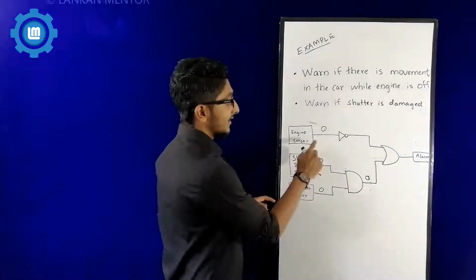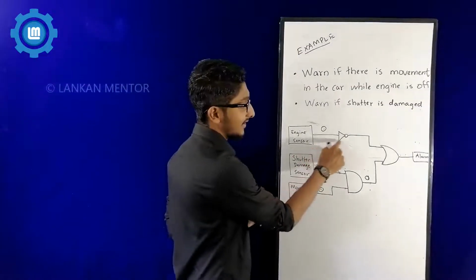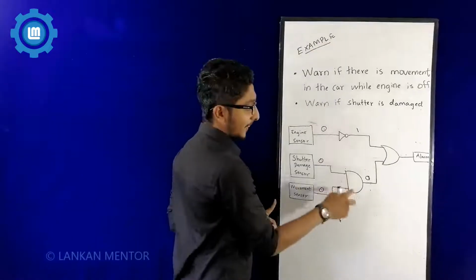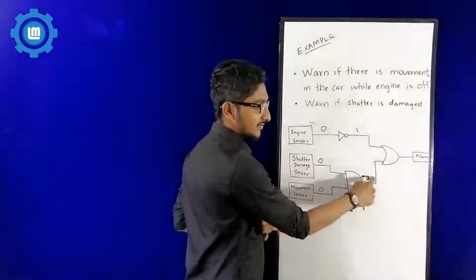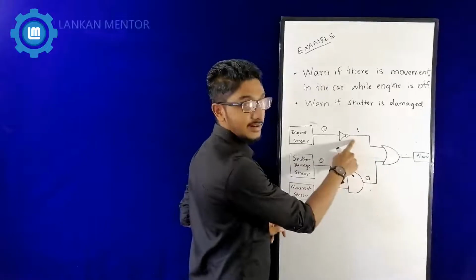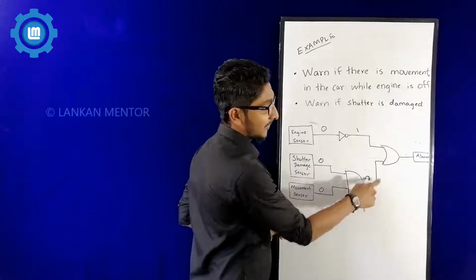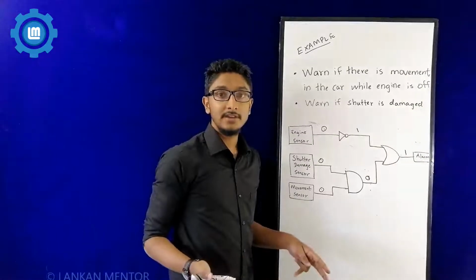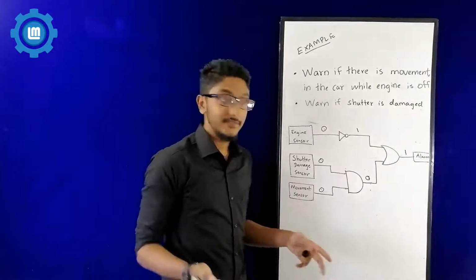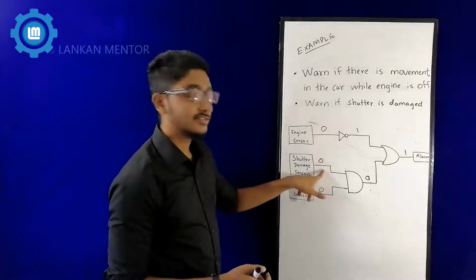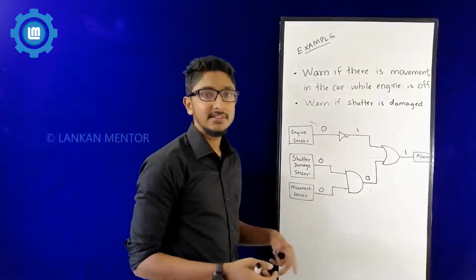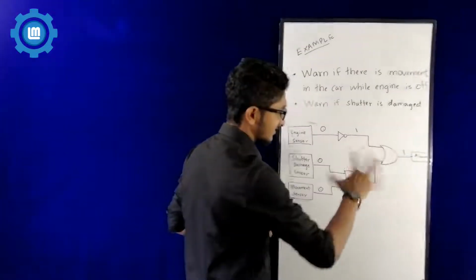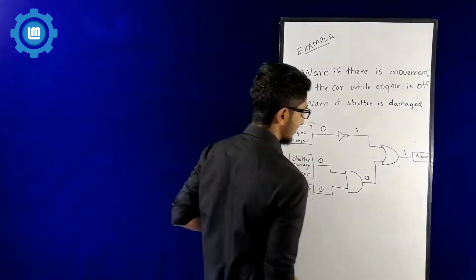But you see, if the engine is off here, it comes out as 1 from the NOT gate. So again, 0 into 0 is 0, but here 1. So 1 plus 0 is 1. The alarm is working even if there is no movement or no shutter damage. So is it possible? No. So this setup is not possible, right?